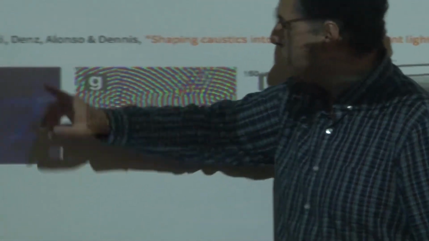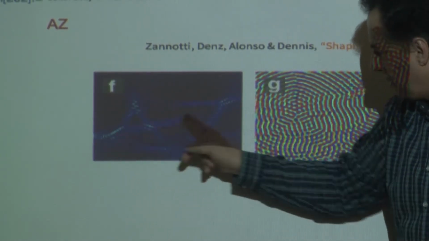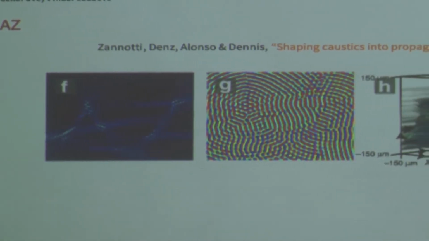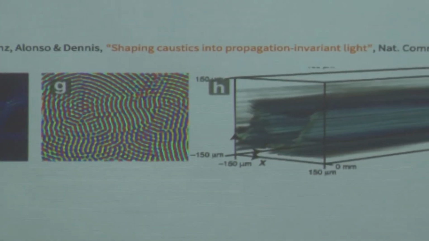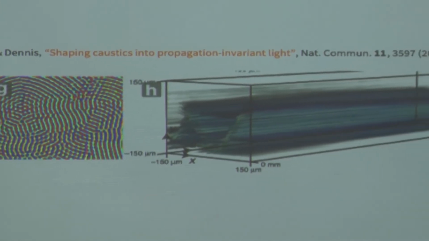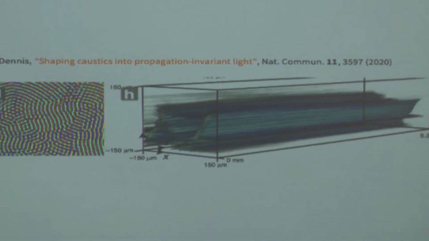The Cornelia Denz's student that did this was Alessandro Zanotti, AZ, and I think that's why he chose AZ. And AZ propagates nicely. So again, thinking about rays, it makes it very easy to see how to tailor the structure of light.